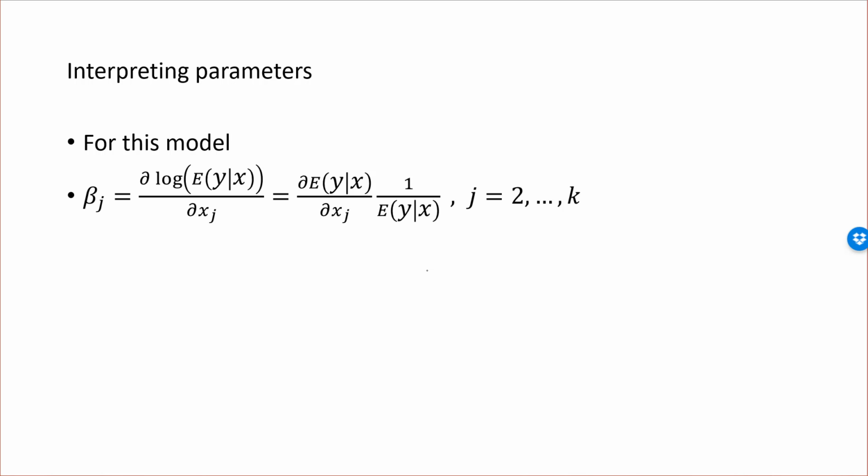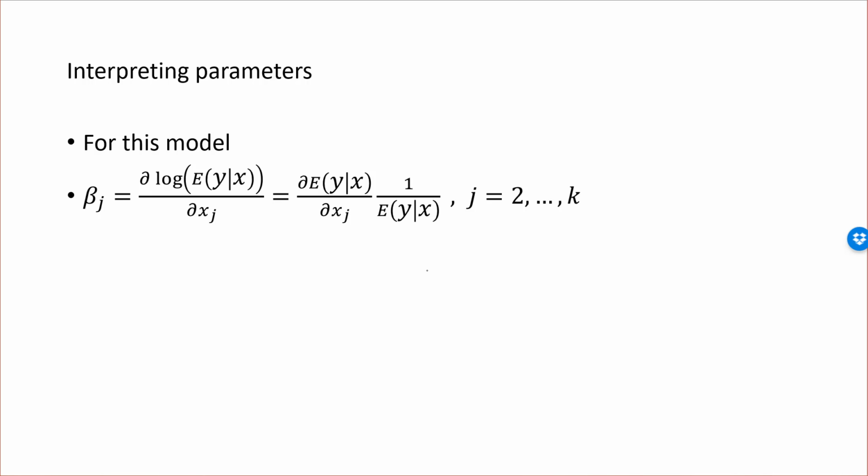The beta j parameters for j going from 2 to k are either the derivative of log expected y with respect to x, or the derivative of the expected y with respect to x times 1 over the expected value of y. In any case, the important part to remember is that it measures the percentage change in y when x increases by 1 unit.